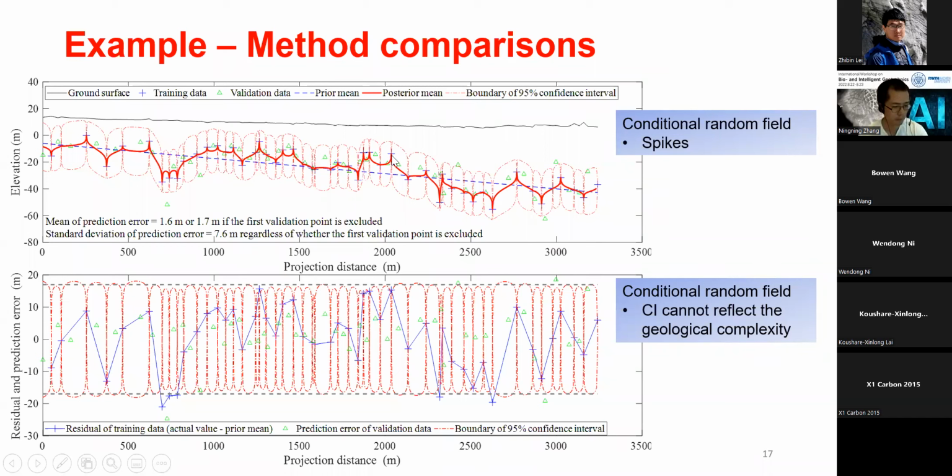So this is not realistic. Another observation is that even in some geologically complex areas, the confidence interval, as denoted by these dashed lines, is not quite different from other areas. So it cannot reflect the geological complexity.